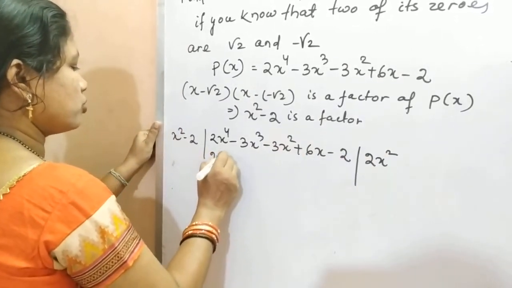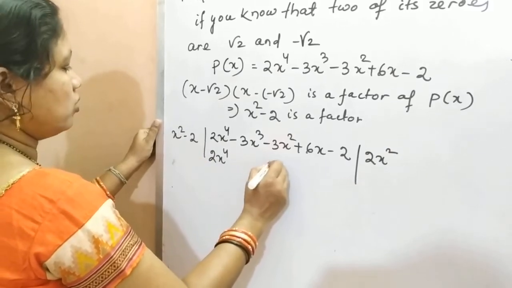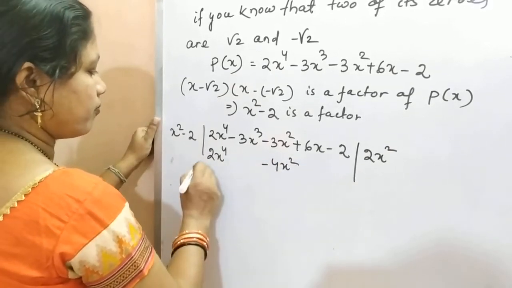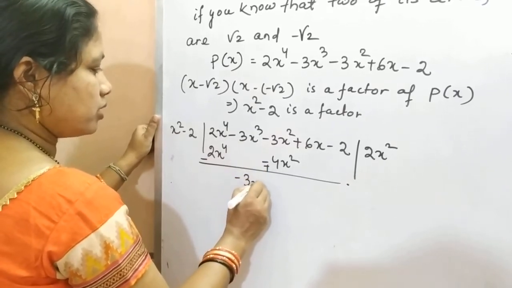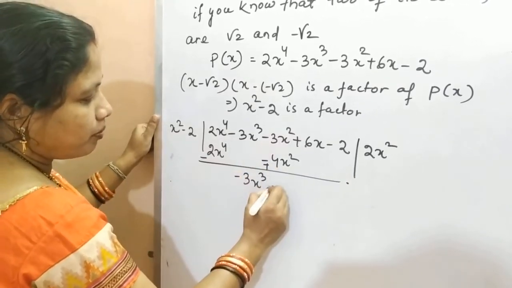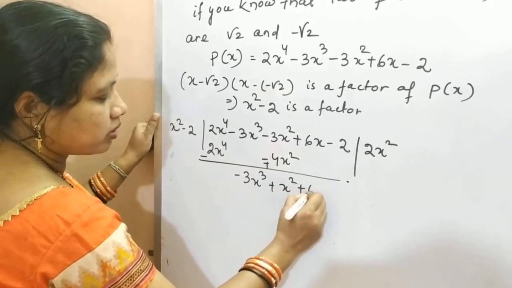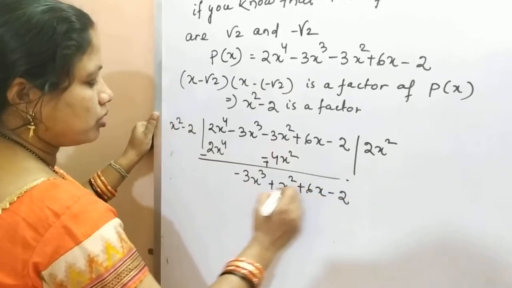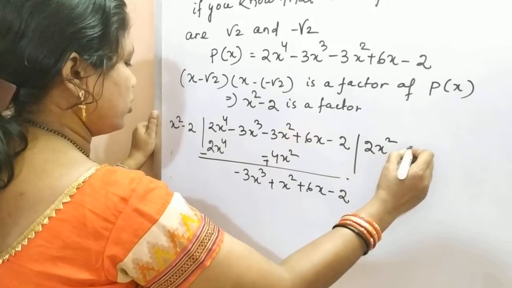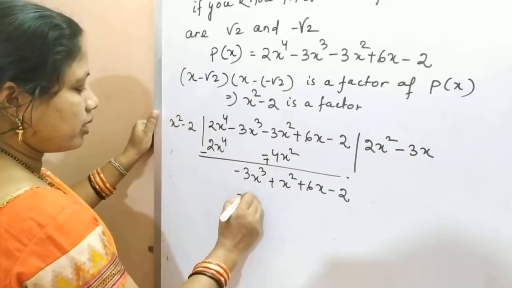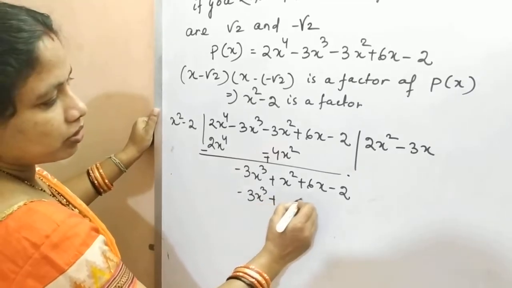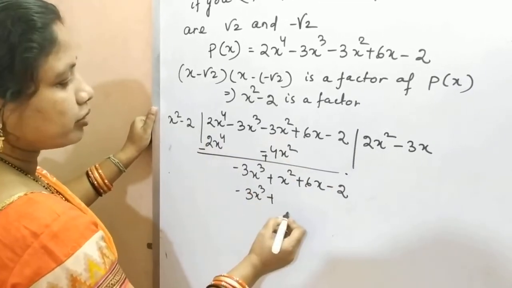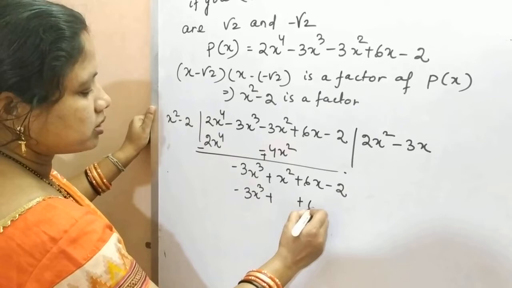So 2x to the power 4 minus 4x square. So this is minus plus. So minus 3x cube plus x square plus 6x minus 2. So again I have to put here 3x. So minus 3x cube plus minus 3x multiplied with minus 2, so plus 6x.